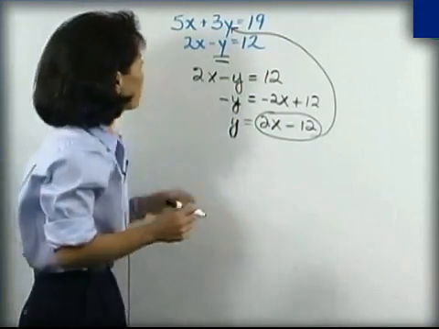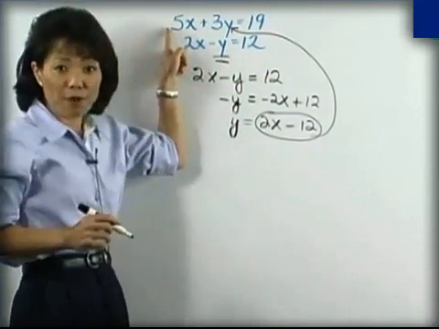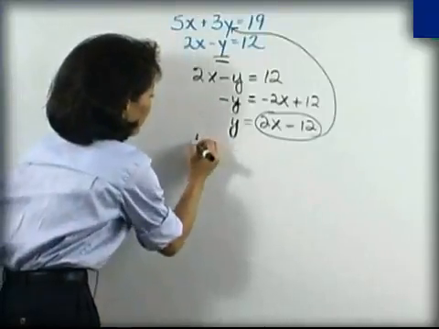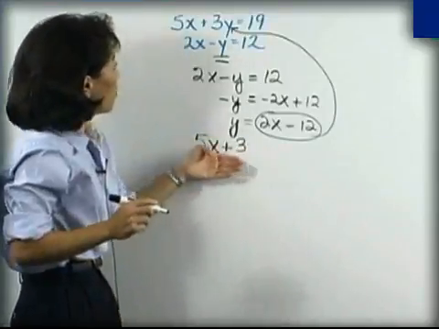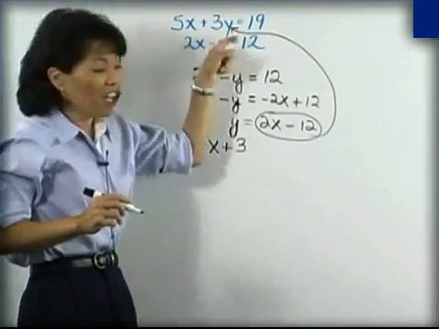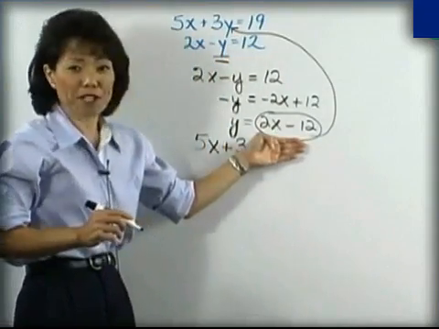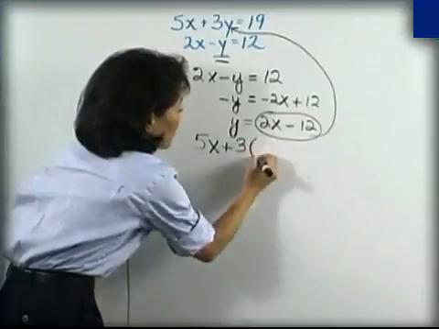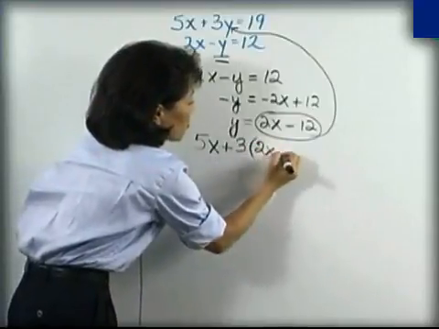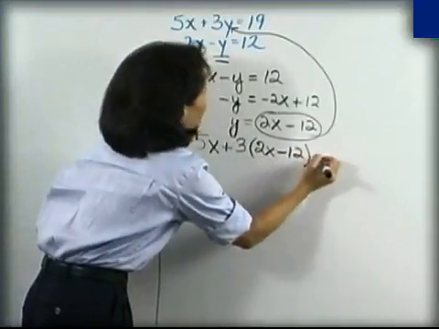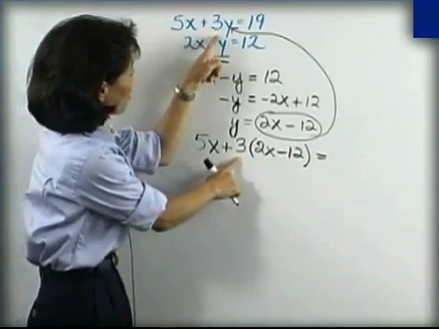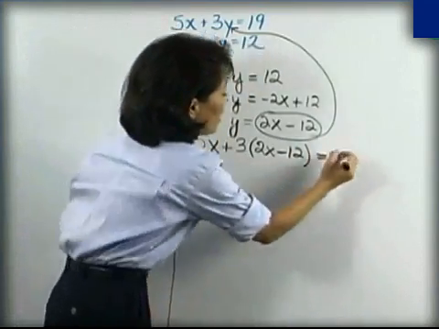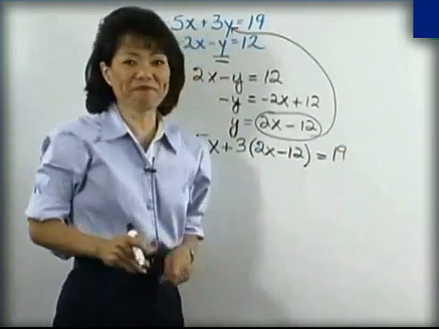So let's continue. Now I'm going to take my top equation, 5x plus 3. Now here we go. In place of y, we're going to put in this 2x minus 12. So 3 times the quantity 2x minus 12, that's equal to, here's my 5x plus 3y equals 19.